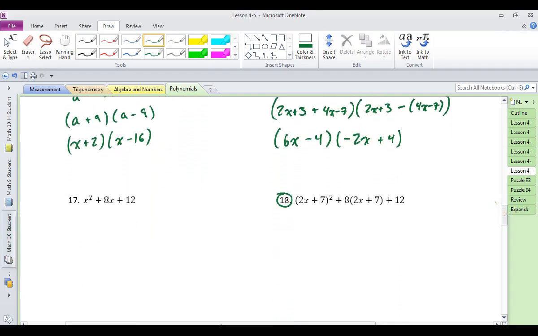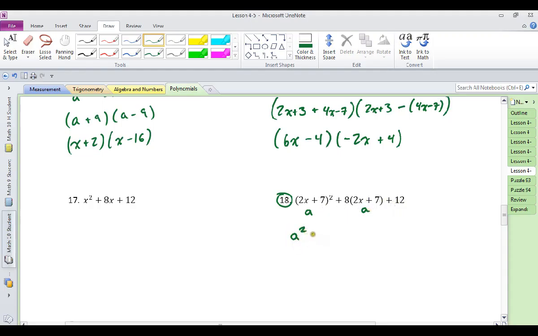Now look at 18. Does 18 look weird? A little bit weird, doesn't it? So you see this big ugly thing. What are you allowed to make that guy? A letter, right? So watch. If that guy's A squared and that guy's A, then rewrite this. What do I have?